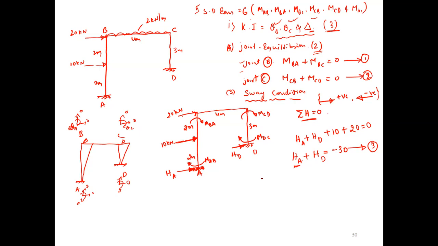Any idea? See, for HA, which column is responsible? AB. For HD, which column is responsible? CD. So for HA, consider only AB.